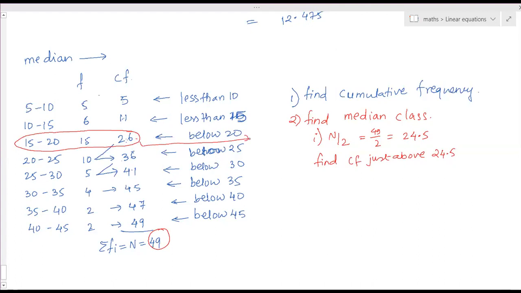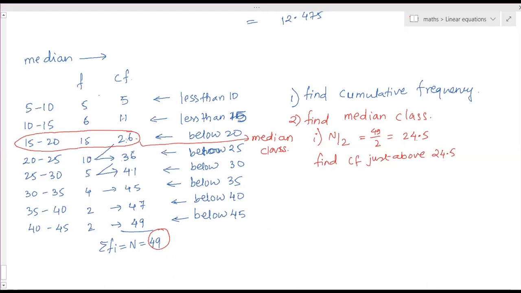First, find n. N is the sum of all frequencies. Find n by 2, that is 49 by 2. We got 24.5. Whichever cumulative frequency value is just above this n by 2 value, that CF value's class is the median class.